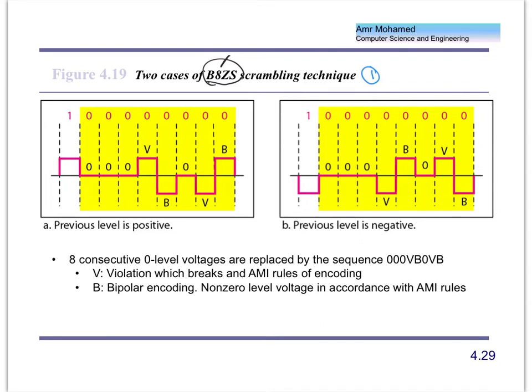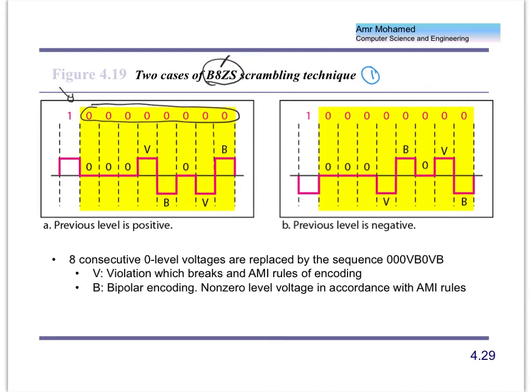So the B8ZS technique, as I said, is the one that's used in North America. The logic for this scrambling technique is very easy. We will look at the input sequence, and then we will try to identify 8 consecutive zeros.